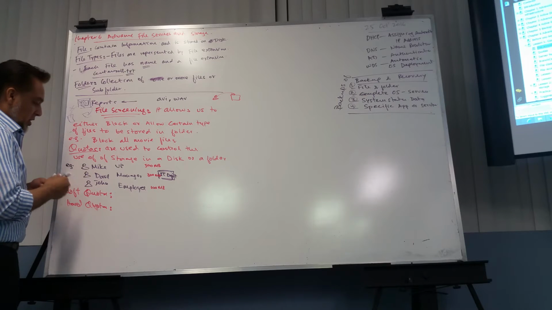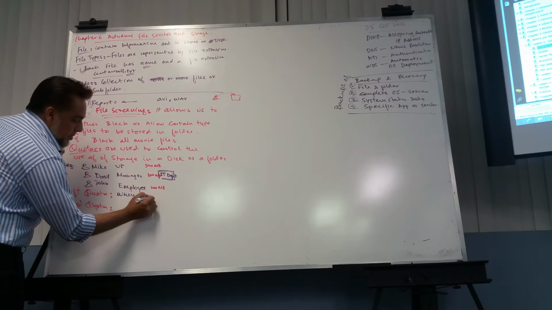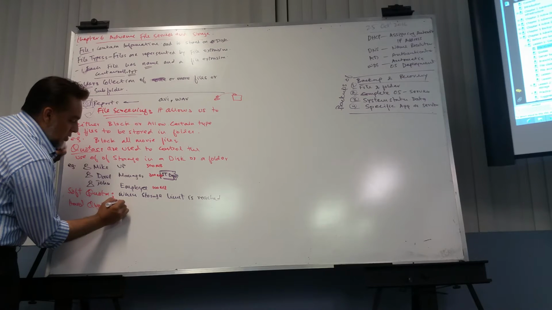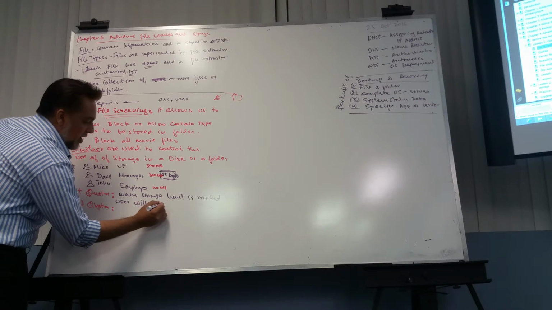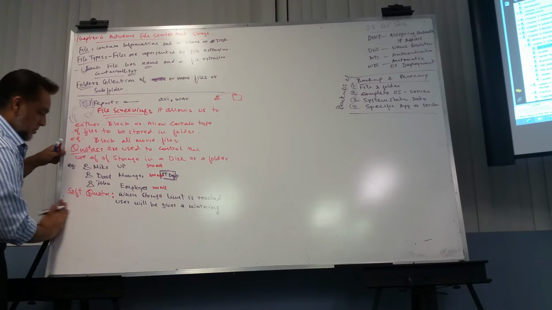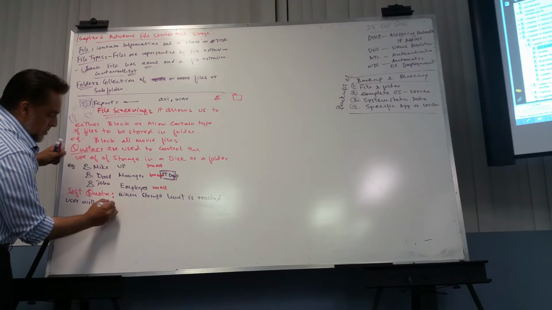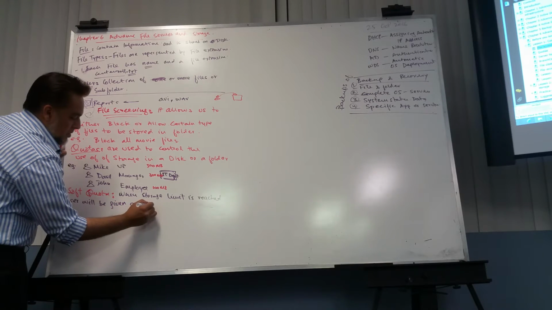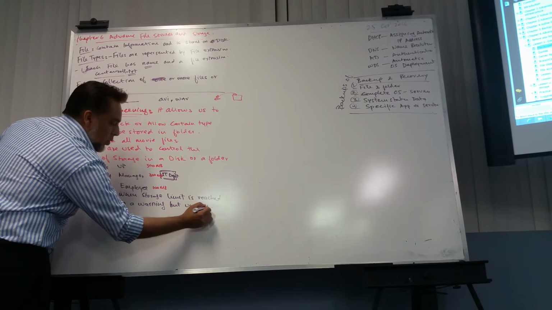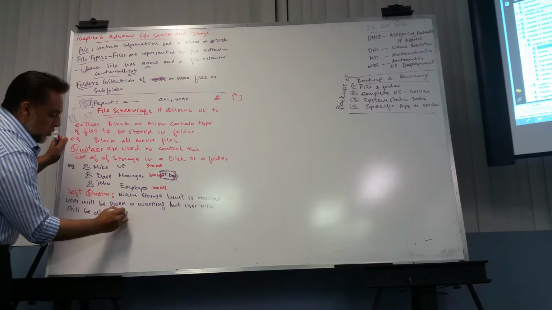So here, soft quota is when the storage limit is reached, the user will be given a warning, but the user will still be able to use the storage.